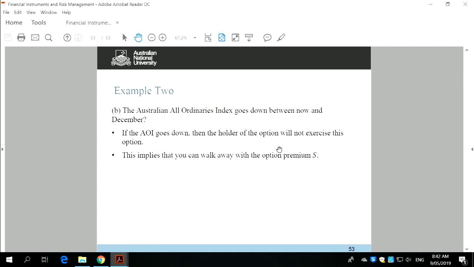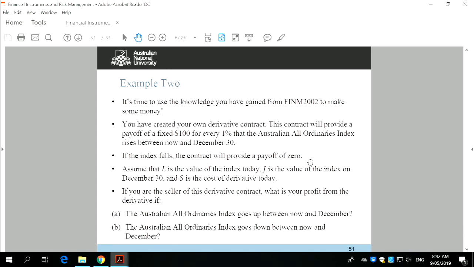So the payoff to you as the writer of the option is simply S. Now the only difference between this question and the previous question is that the payoff in this question is based on the percentage change, whereas the payoff in the previous question is based on the change in the magnitude, right?